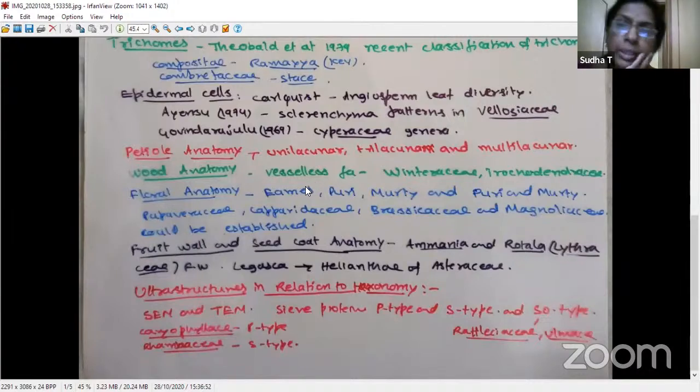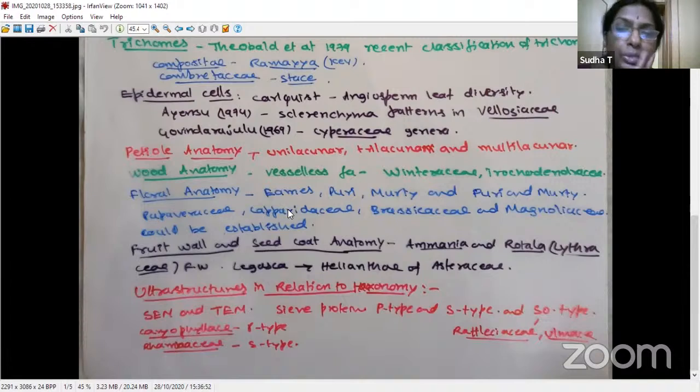Even in vessels, certain features are seen as primitive and advanced, so we can use all that to establish relationships among primitive and advanced families. So wood anatomy also helps.